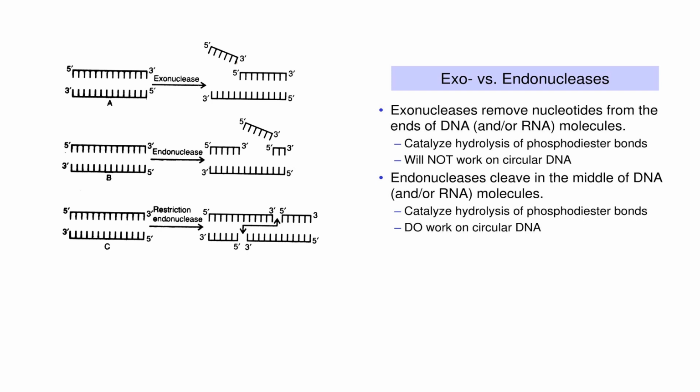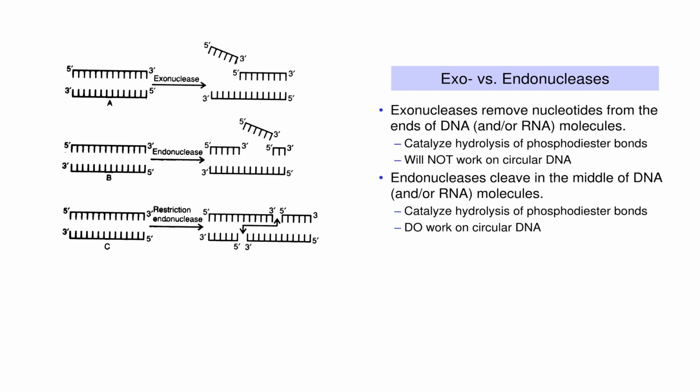And the other group is exonuclease. You see here the exonuclease removes the terminal part. Here this is the original DNA strand, and when we apply exonuclease, it removes nucleotides either from the 5 prime or 3 prime end. Here this exonuclease removes the nucleotide sequences from the 5 prime end.